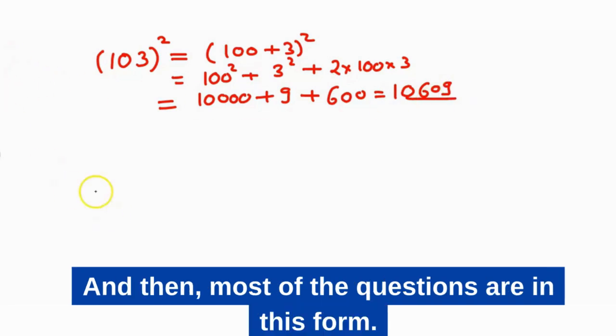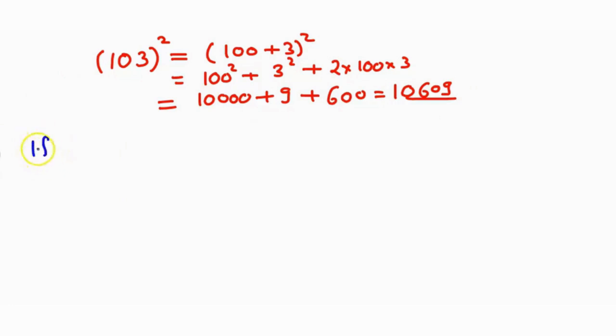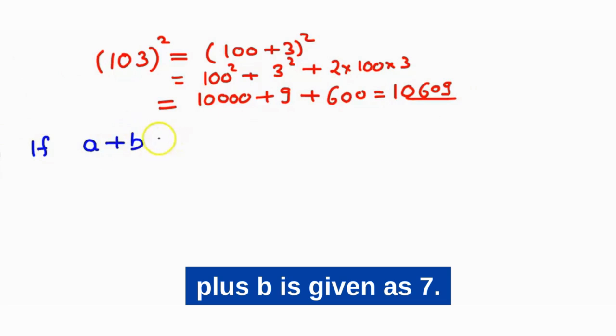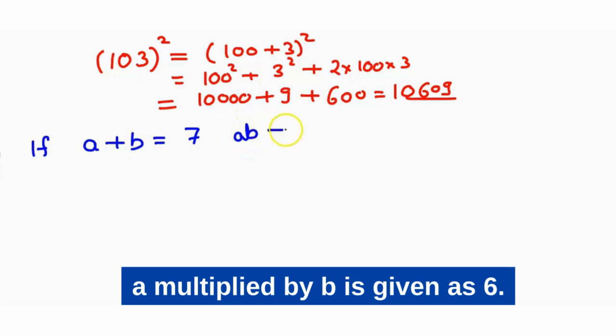This is one way to use the identities. Most of the questions are in this form. Say a plus b is given as 7, and a multiplied by b is given as 6.